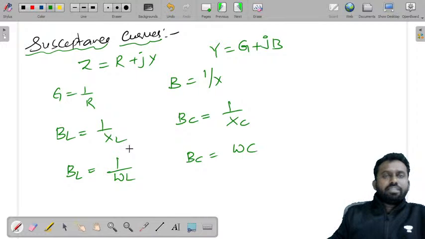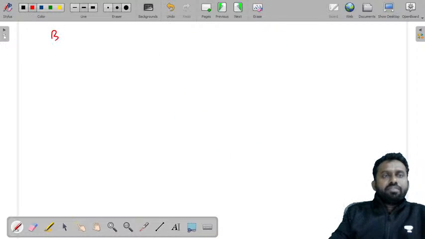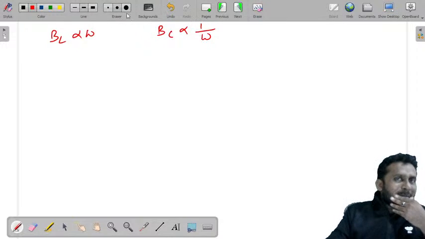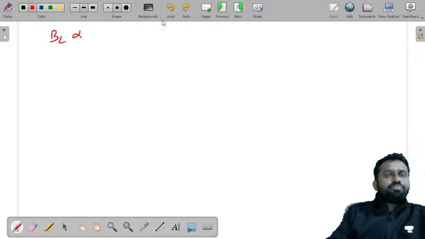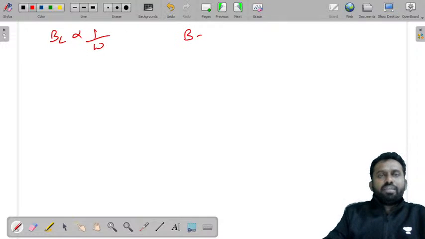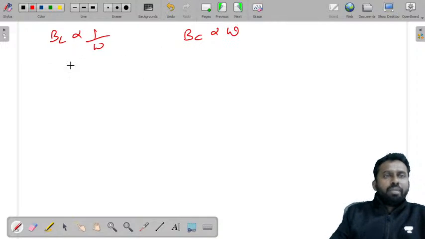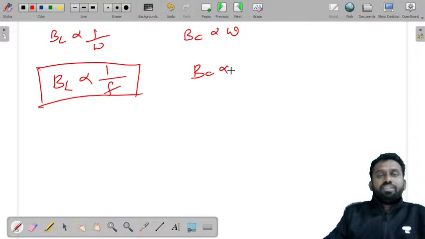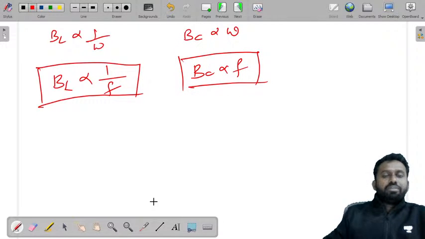So from this we can say that B_L is inversely proportional to omega, and B_C is proportional to omega. Or B_L is proportional to 1 by frequency, inversely proportional to frequency, and B_C is proportional to frequency.